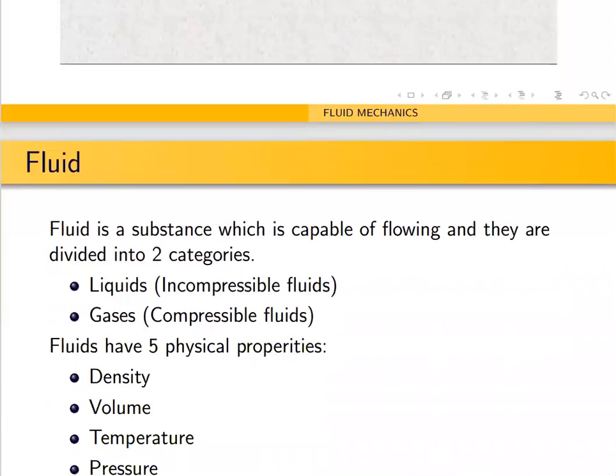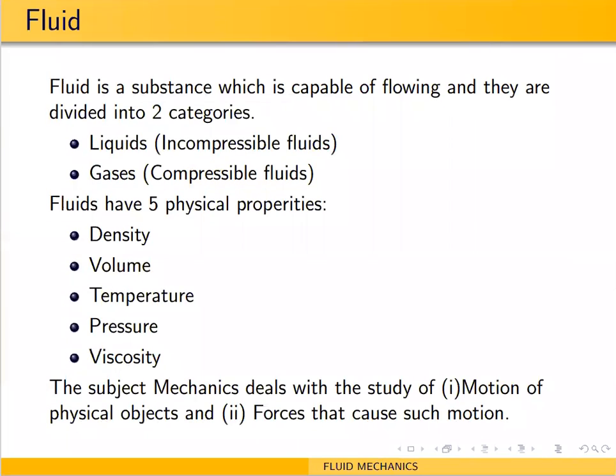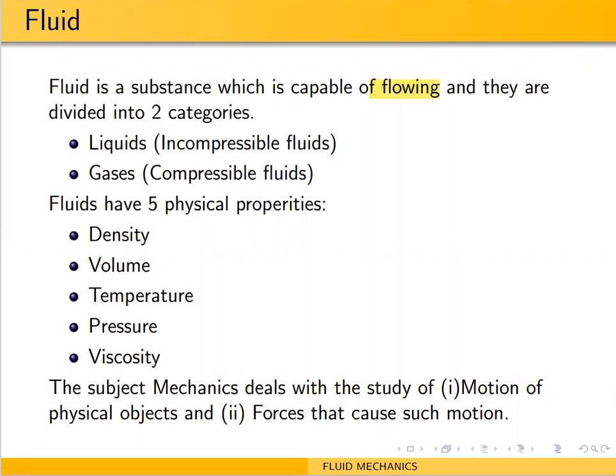A fluid is a substance which is capable of flowing, and fluids are divided into two categories. One is incompressible fluids, the other one is compressible fluids. Incompressible fluids are called liquids and compressible fluids are called gases.